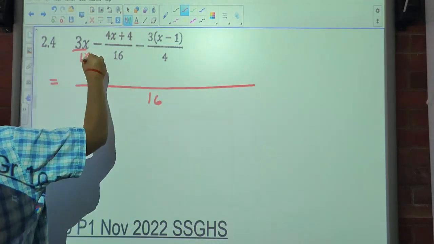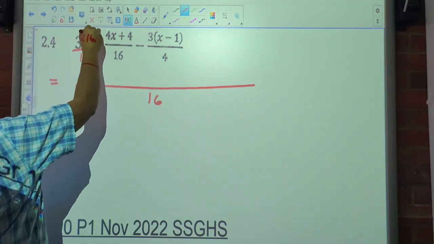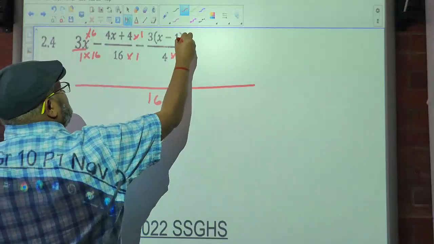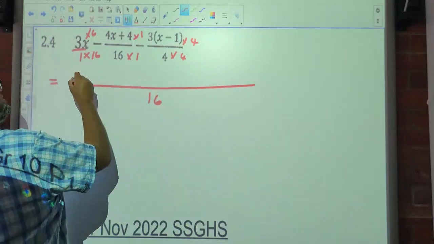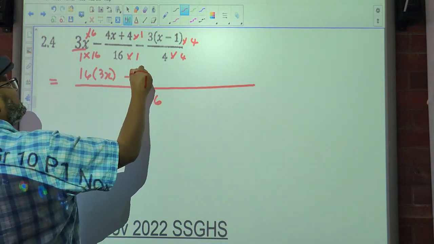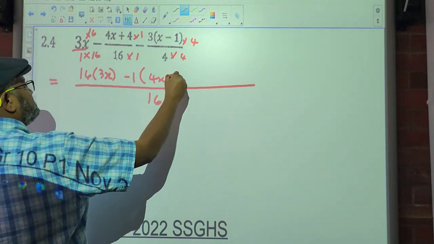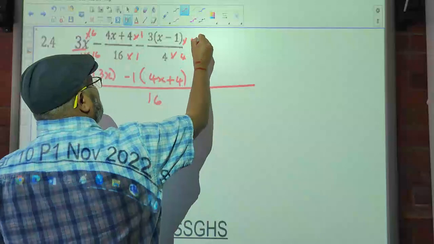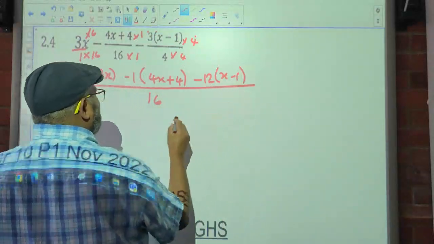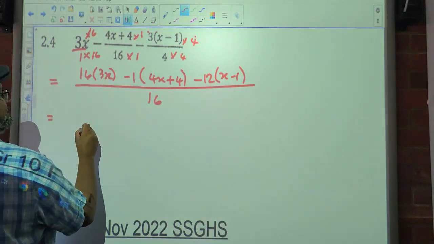So you multiply this by 1 and this by 4. Okay. So it's going to be 16 times 3x minus 1 into 4x plus 4 minus. Now 3 times 4 is 12x minus 1. Can I drop the denominator here?